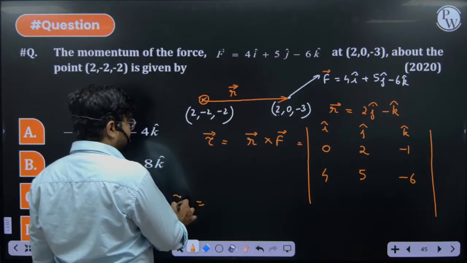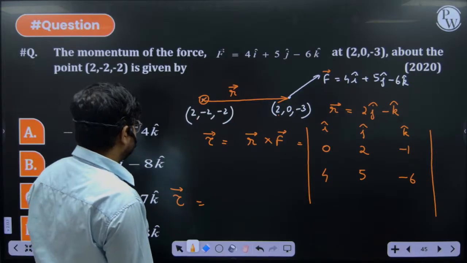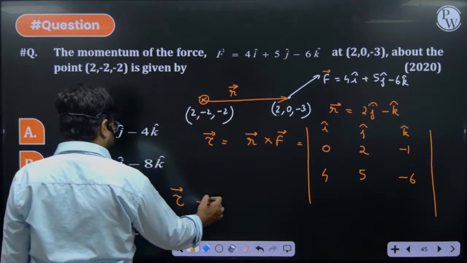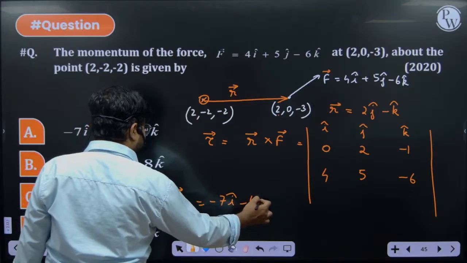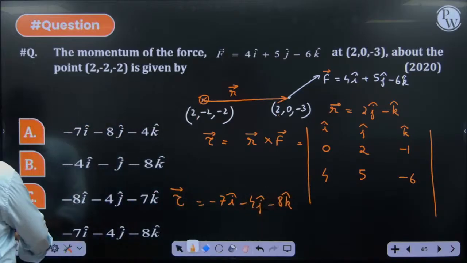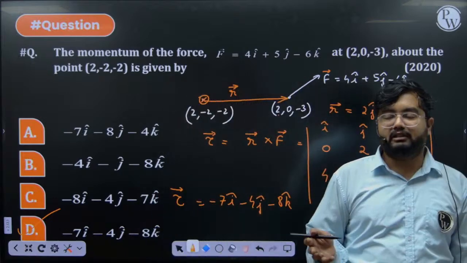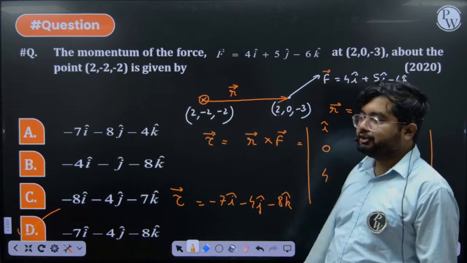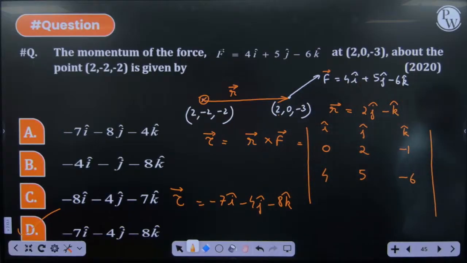So after solving, you shall get the answer as minus 7 I cap, minus 4 j cap, minus 8 k cap, which is option D. So simple determinant method, we have to do the cross product and we'll get the answer here. 2020 question.